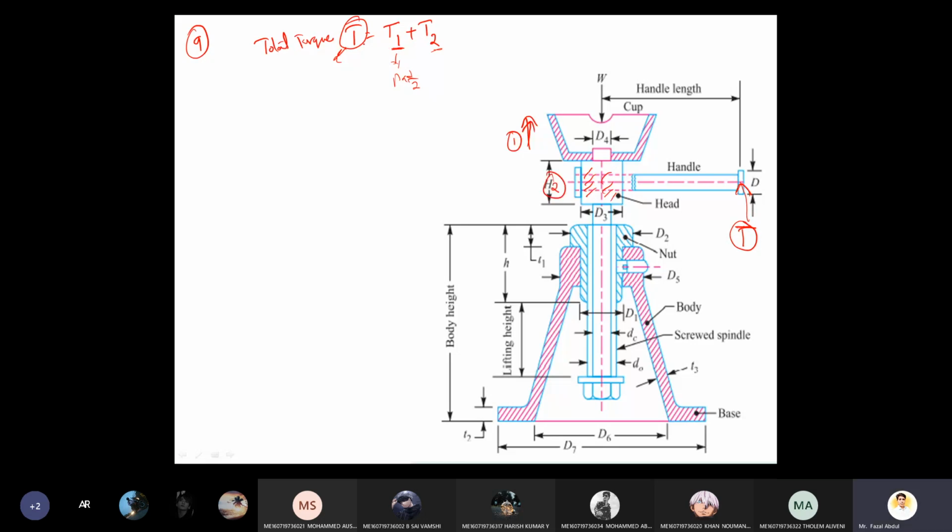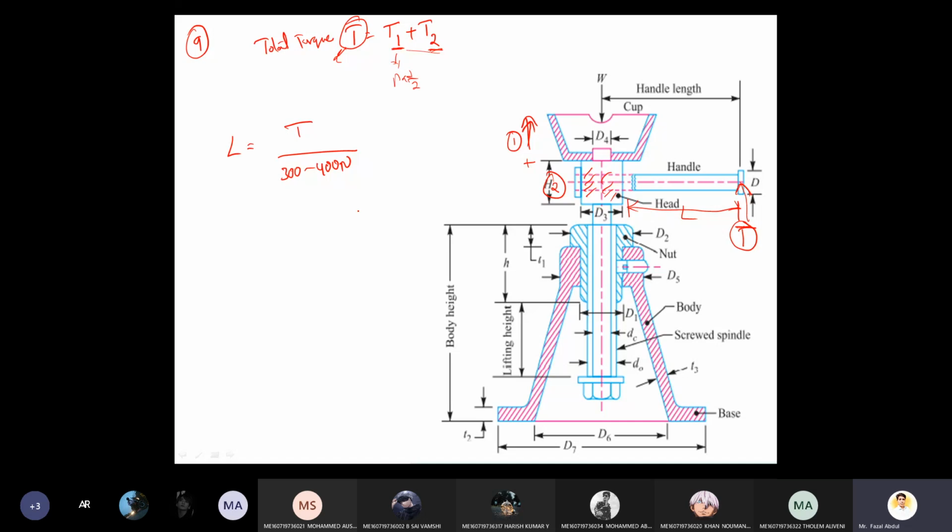So he has to apply the total torque here, that is 1 plus 2. With this total torque value, we calculate how much length we need to maintain for this handle. So the length of the handle is the total torque divided by 300 to 400 newtons of force.